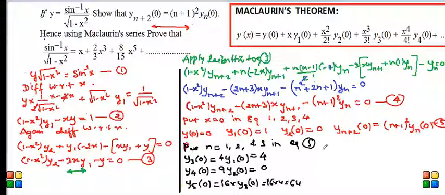So we are putting all these values in the Maclaurin series to get the final result, that is y of x, and y is nothing but the function itself.